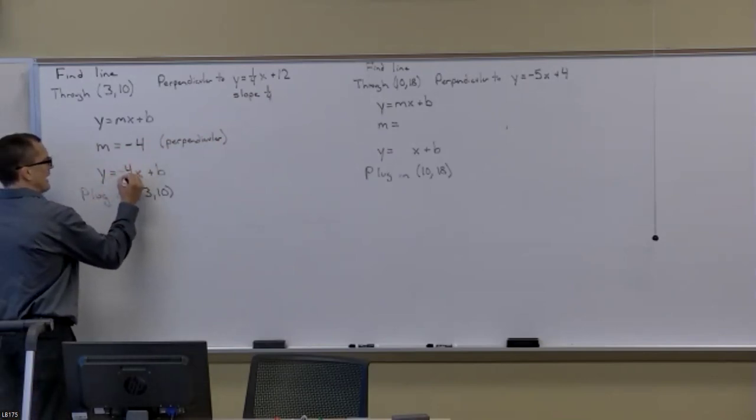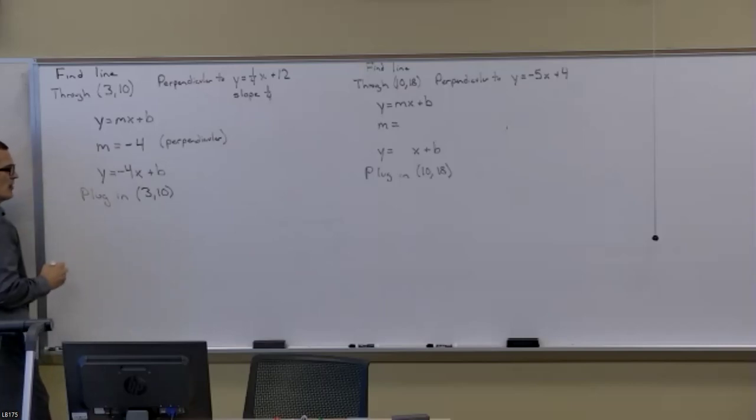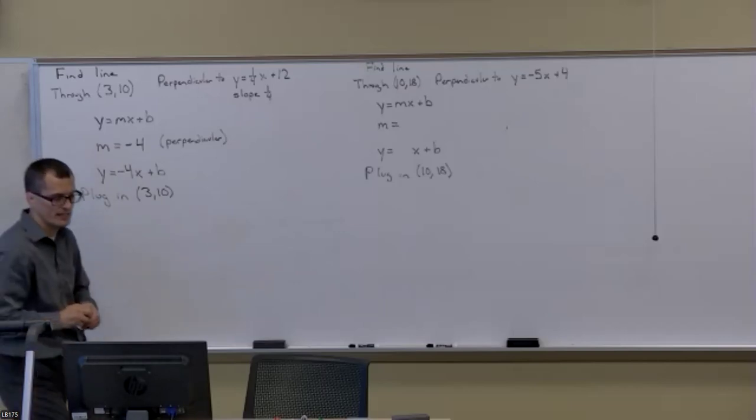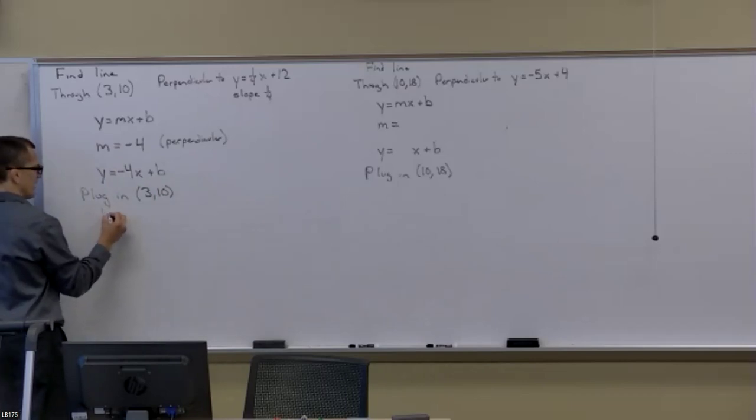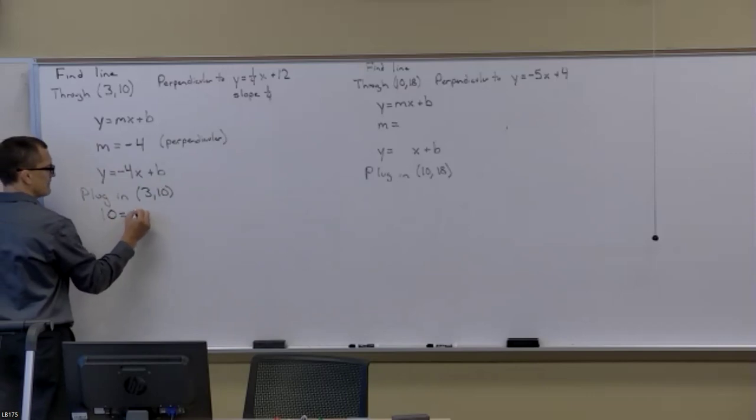So I plug that -4 into the slope, and then I try to find b the same way I always find b. Plug in a point. In this case, the point given to me is (3, 10).